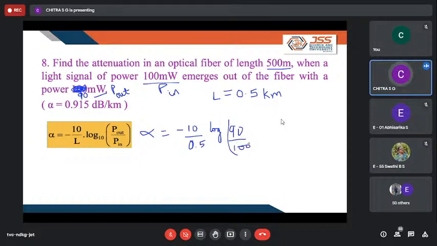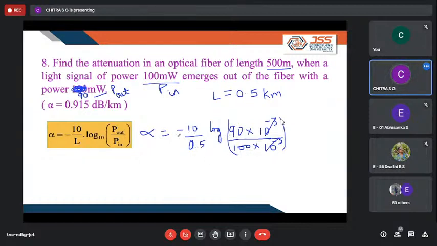Convert that into watt, 10 raised to minus 3. In both the cases the 10 raised to minus 3 will get cancelled. Both are in milliwatt and we are converting that into watt, so 90 milliwatt and 100 milliwatt cancel. So you're left with 90 by 100. Whatever you get, take the log of that times 10 by 0.5.